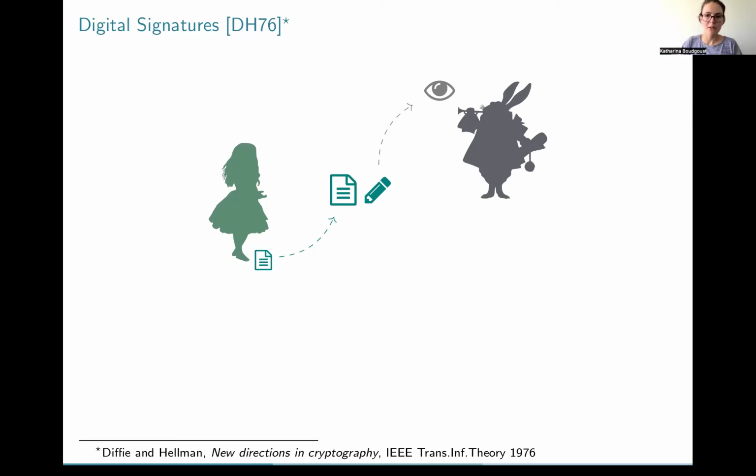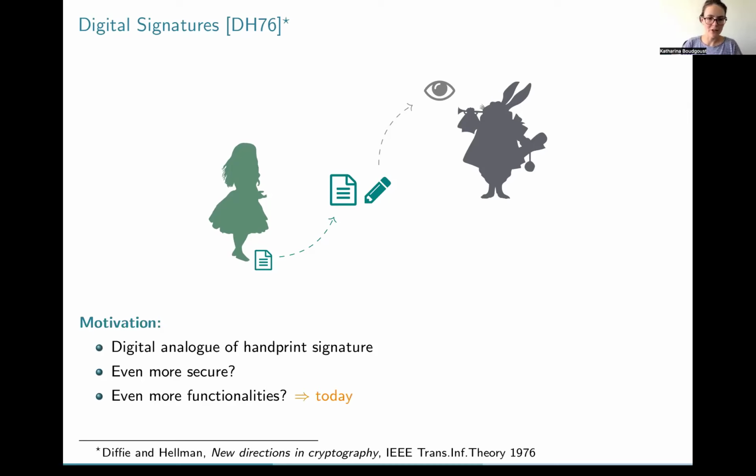And then we have the rabbit who verifies this signature. The main motivation of digital signatures is that they provide a digital analog of handwritten signatures, with the hope of being even more secure and coming with more functionalities. And this is really what today's talk is focusing on.